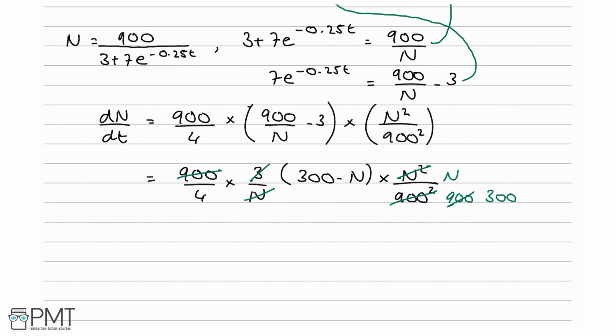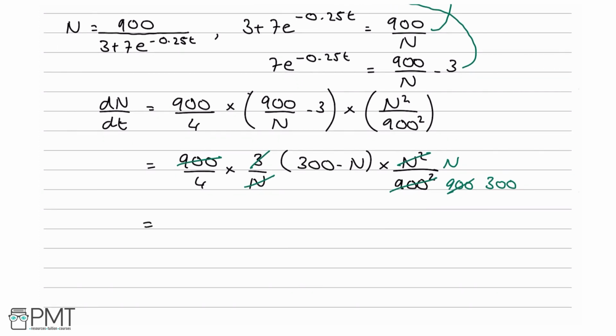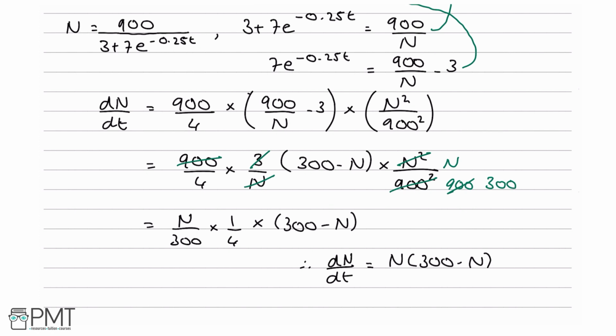So, in conclusion, what you'll be left with is this equals n over 300 times 1 over 4 times 300 minus n, and then just to finish it, we can say therefore dn by dt equals n times 300 minus n all over 300 times 4 is 1200, like that.